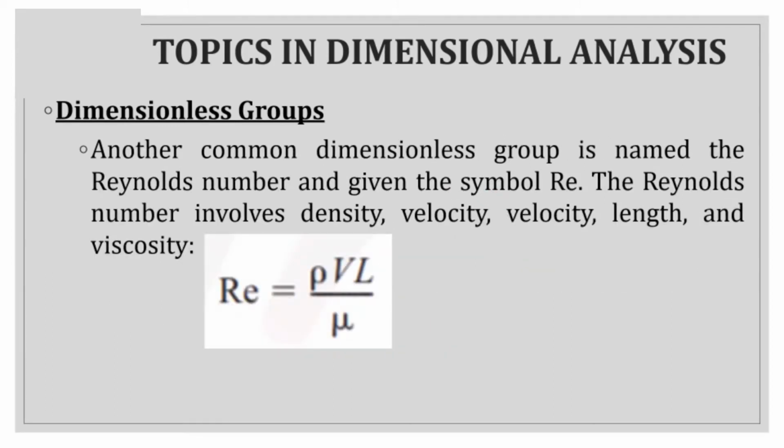Another common example is the Reynolds number. The Reynolds number involves density, which is this sign here, rho. This V here is the velocity, L is the length, and mu is the viscosity. R is the Reynolds number.